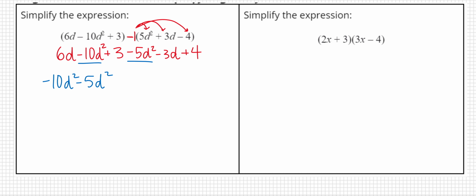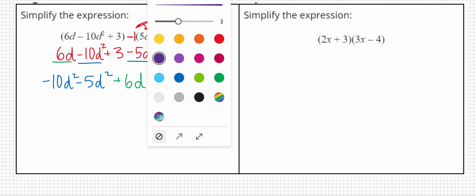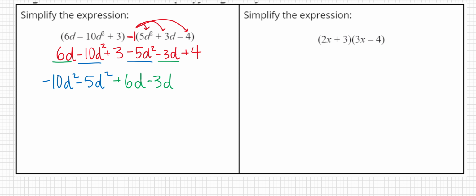Then I have positive 6d and then minus 3d. And last, I look for any terms without any variables, so I have plus 3, and then plus 4.